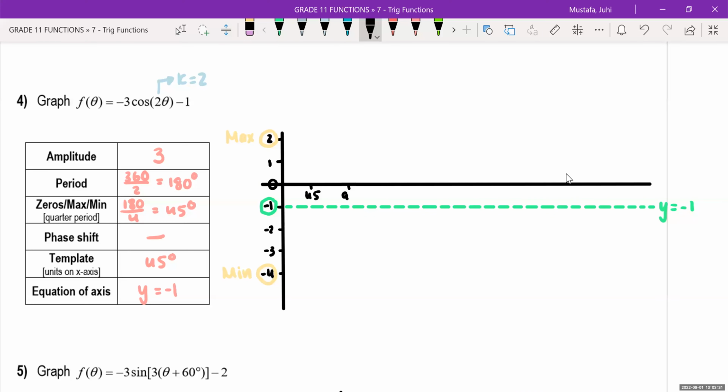Then we're going to get 90, then 135, and then 180. So from 0 to 180, that's going to be our first cycle. And then the next number is 225, then 270, 315, and 360.